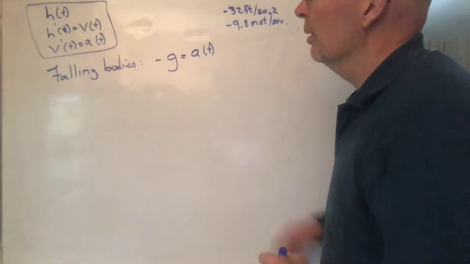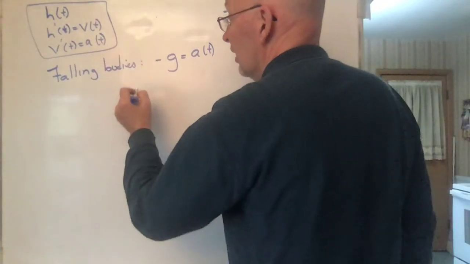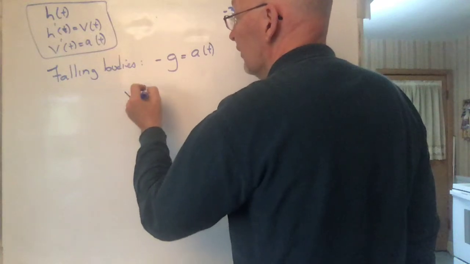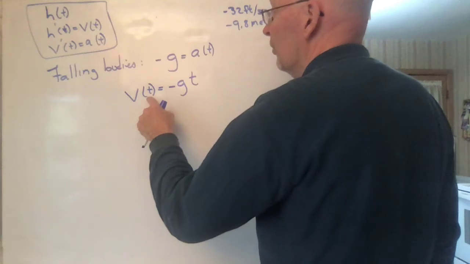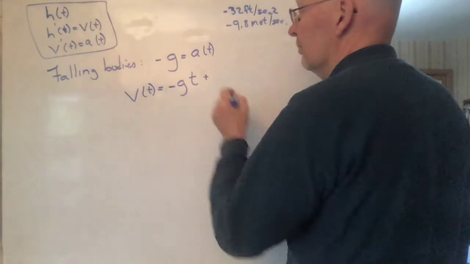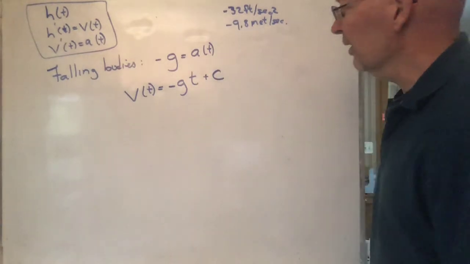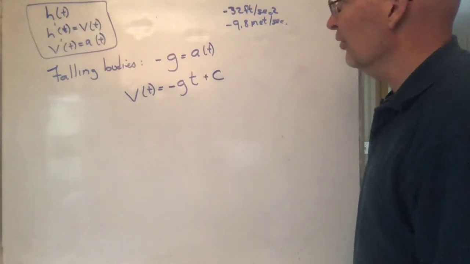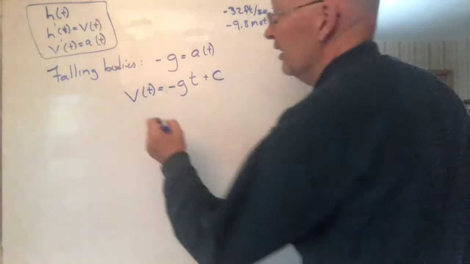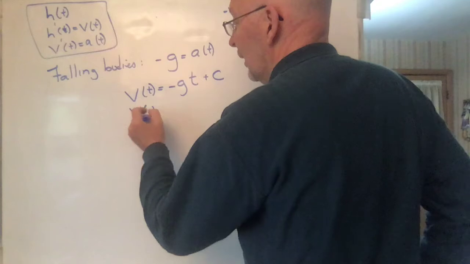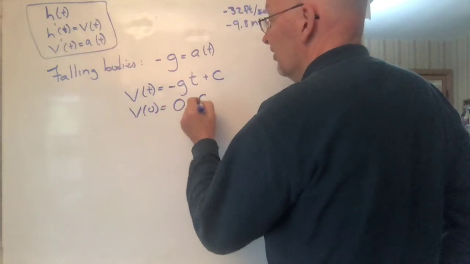And so if you take the antiderivative of the acceleration, you get the velocity. So what's the antiderivative of a constant? It's just going to be that constant times the variable t plus some c, okay? So I could call that c, but I'm going to change it to something which is a little more suggestive. Notice if this right here is the equation for velocity, then the velocity at time 0 is going to be 0 times this, which is 0, plus c.